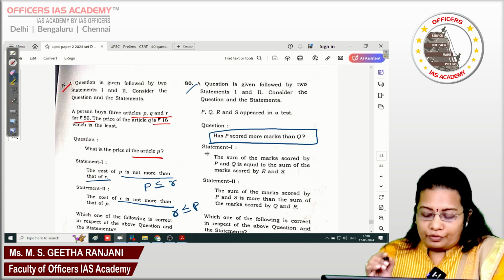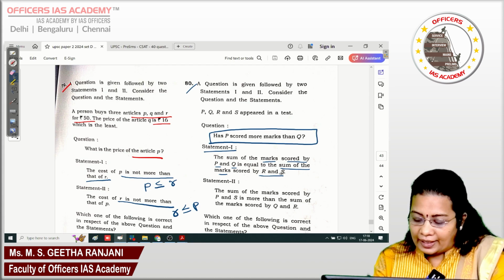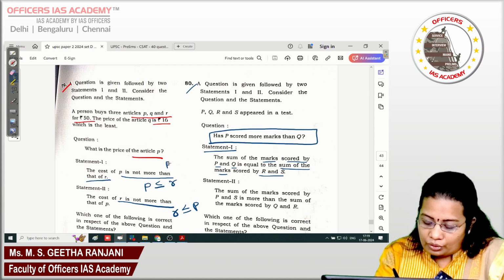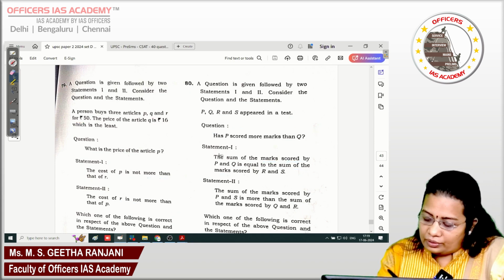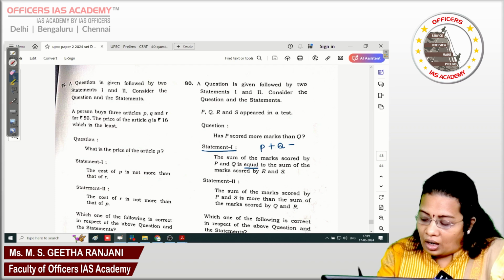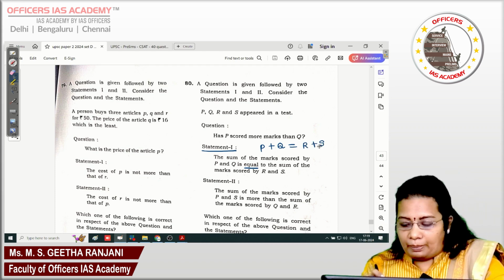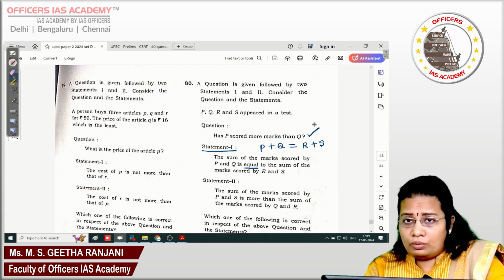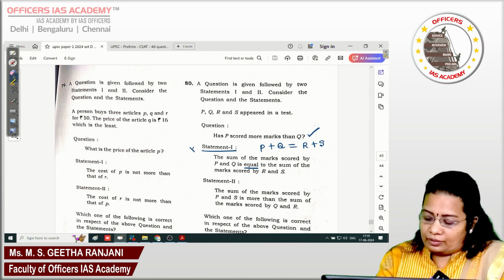Statement 1: we are checking the sum of the marks scored by P and Q is equal to the sum of the marks scored by R and S. So, according to statement 1, P plus Q is equal to R and S together. According to the first statement, will we be able to get the answer for P and Q? No, it is not possible. So individually, statement 1 failed to give the answer.